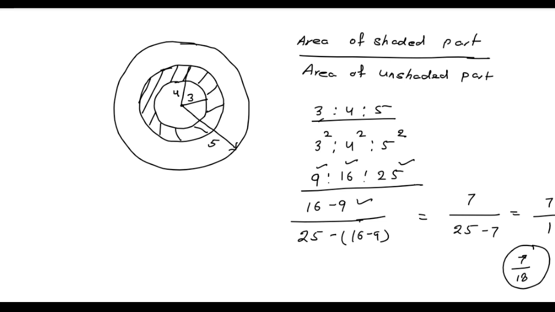No, I have not added 7 to 16. It's 16 minus 9, which is your shaded part, which gives you 7. So 7 you will subtract from the whole area, the complete area. If you subtract the shaded area, you will get the unshaded area.